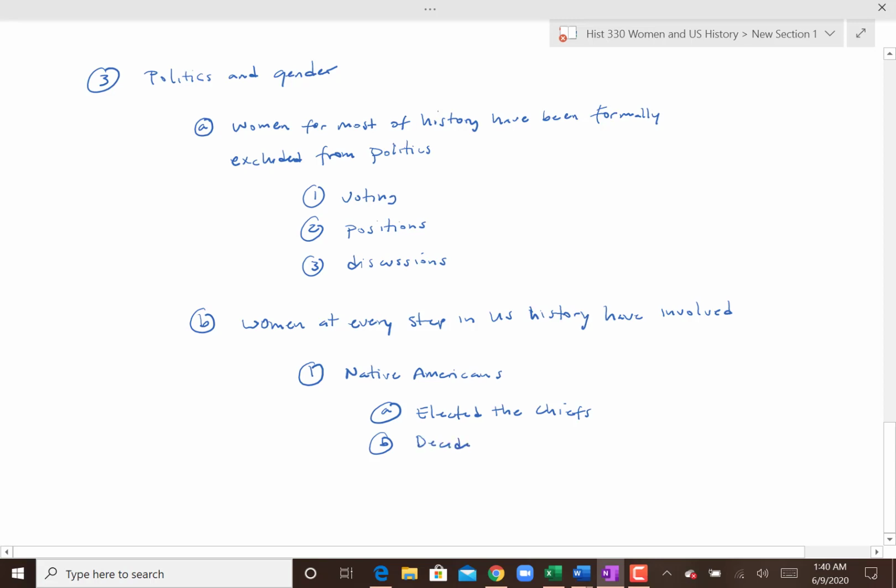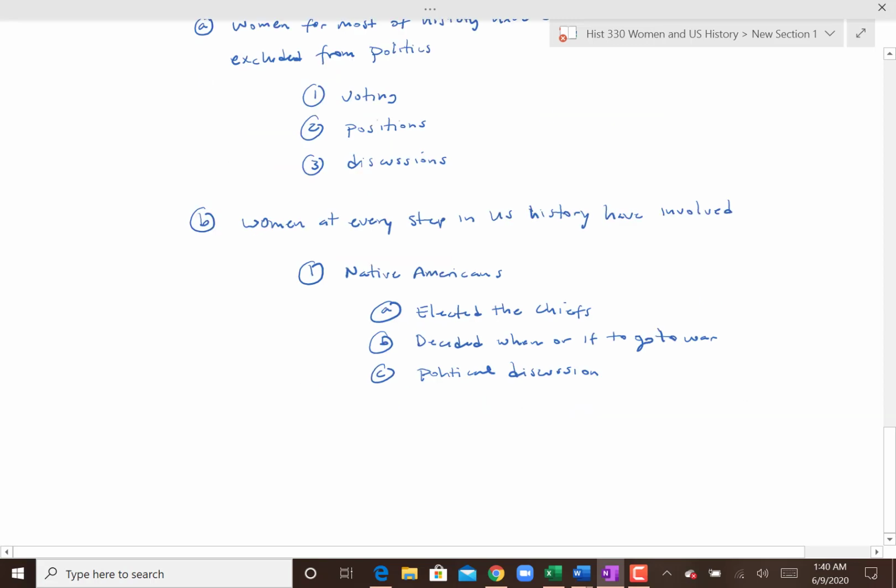They often also decided when or if to go to war. And they often participated in political discussions. And this will tie back to what we talked about with labor and work. Because women had gotten in on the food production with a lot of tribes, they got more status and more power. And so they were more formally involved than others.